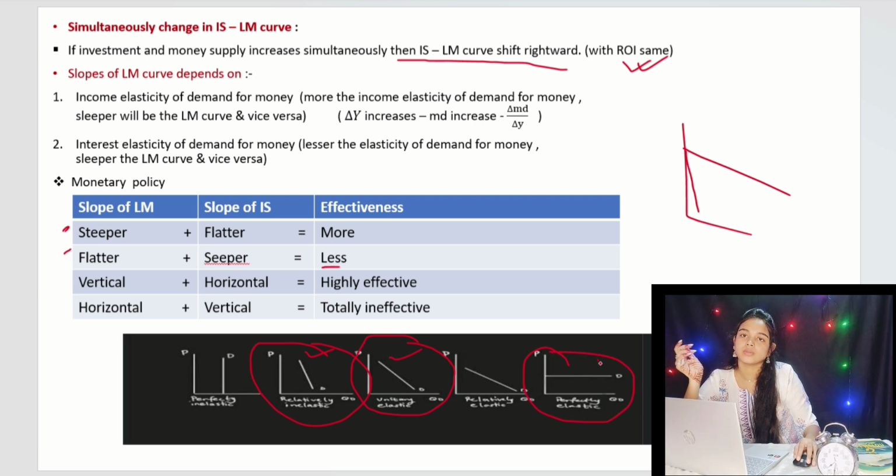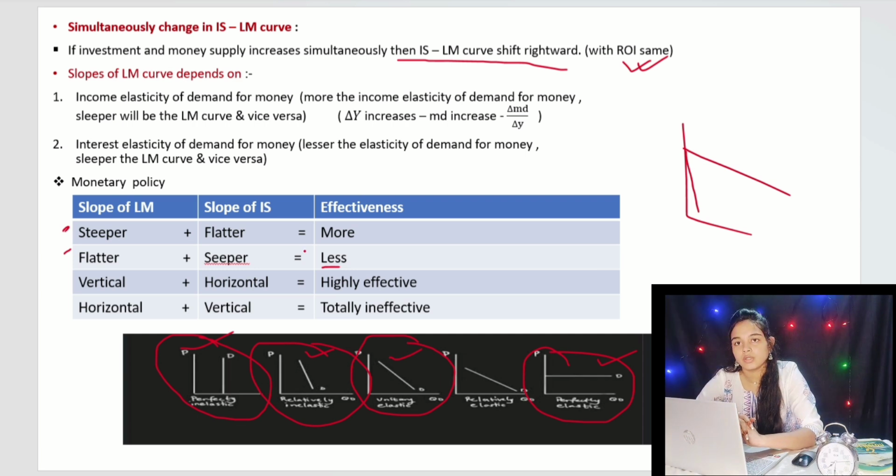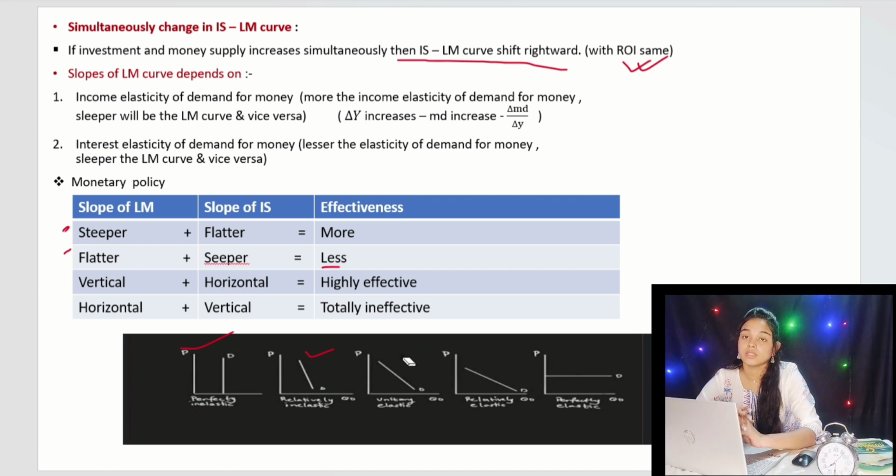And when demand is perfectly inelastic and vertical, that is steeper. And here we study monetary policy, right? So monetary policy is related to LM. And when LM is steeper, it is more effective, and flatter means it is less effective.